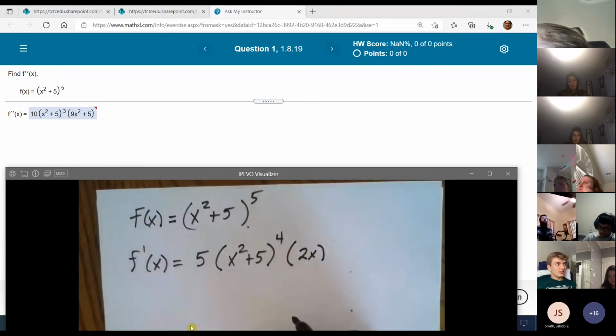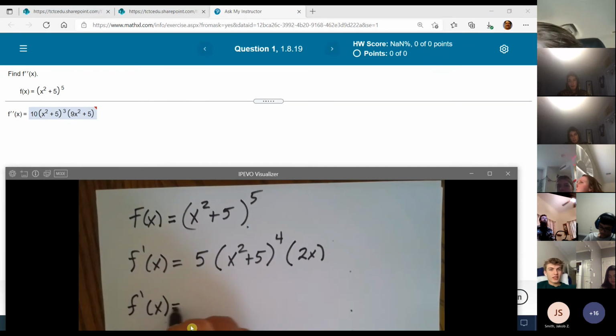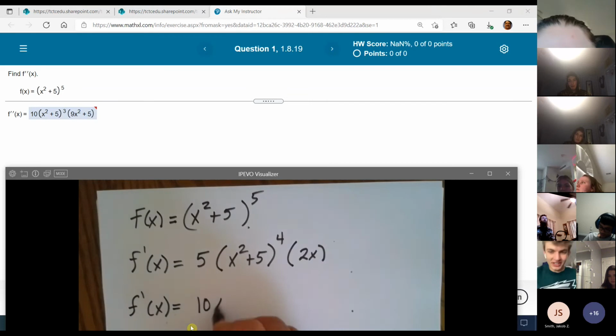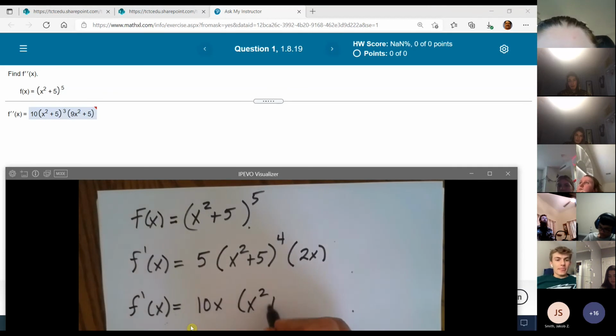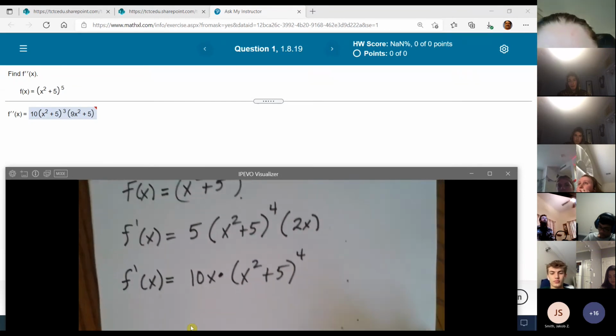And this is where I think they're getting the first times the derivative of the second. 2x times 5, that'd be 10x, x squared plus 5 to the 4th. This is where they're doing it, I think. Now, I may be wrong.